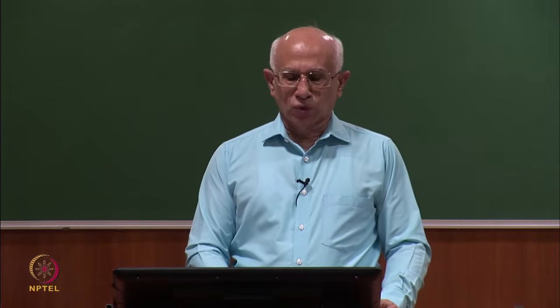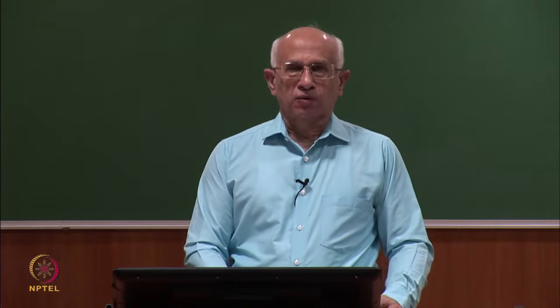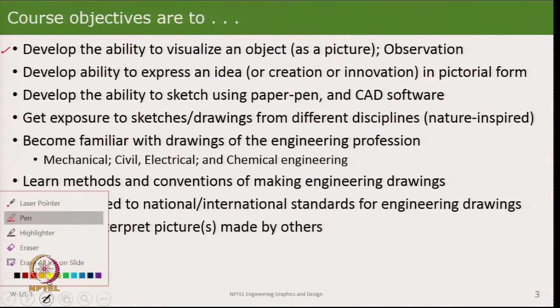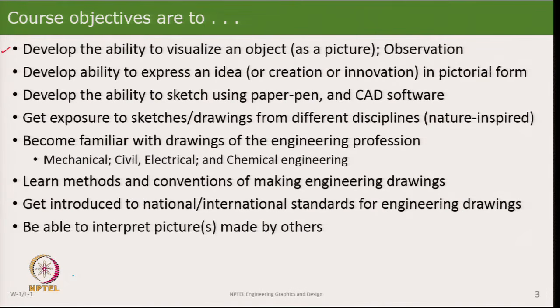So, the objectives of this course are as follows. First, develop the ability to visualize an object or make a picture, and also to see things around you and express them as a picture.